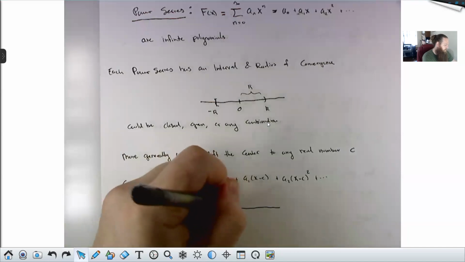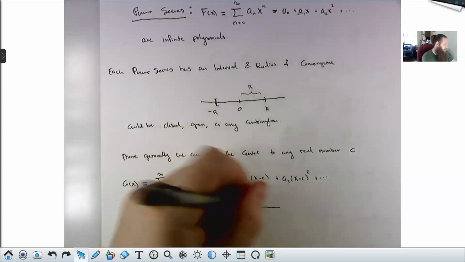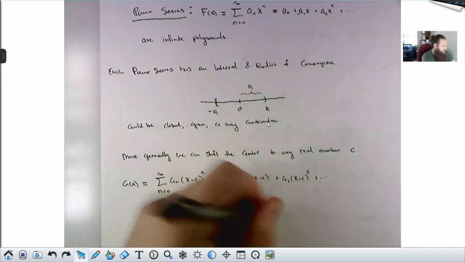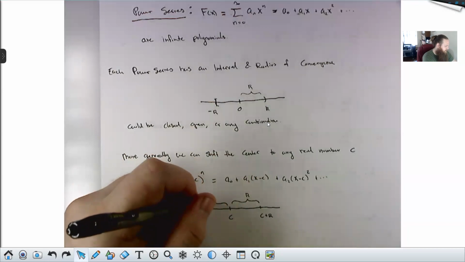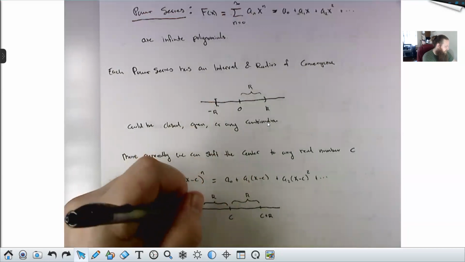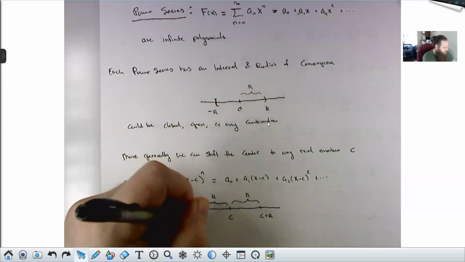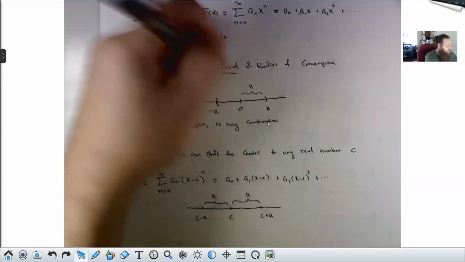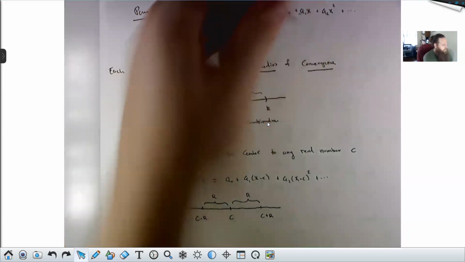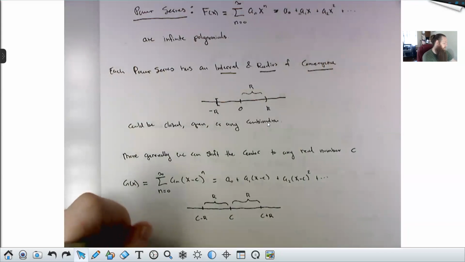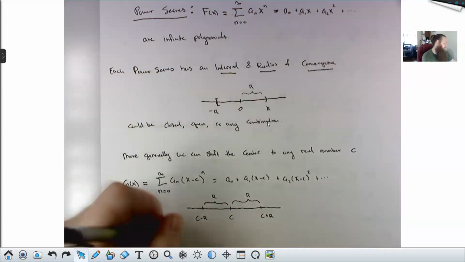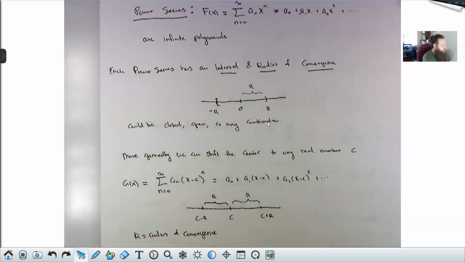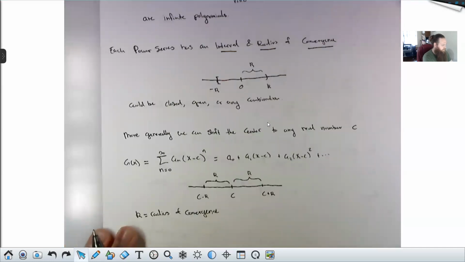Here's C. Some distance R, and over here would be the X value C plus R, and that same distance R way over here, C minus R. Anyway, the idea of these intervals and radius of convergence: R is called the radius of convergence. And it's called that because it's the radius of the interval of convergence.